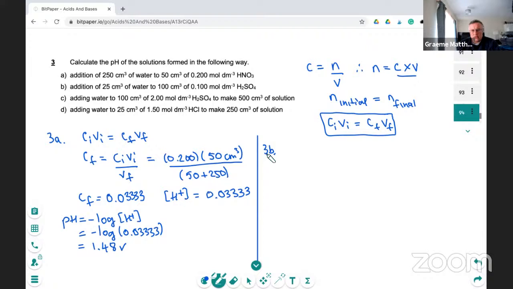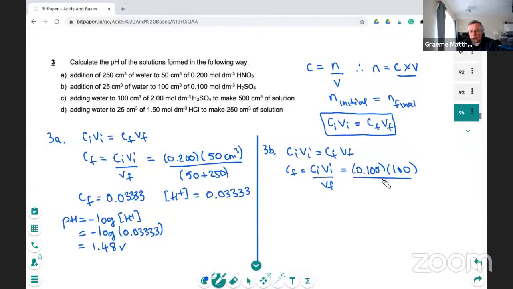So C initial, volume initial, C final, volume final. The final concentration is C initial times volume initial over volume final, which is 0.1 and it was 100 cubic centimeters.